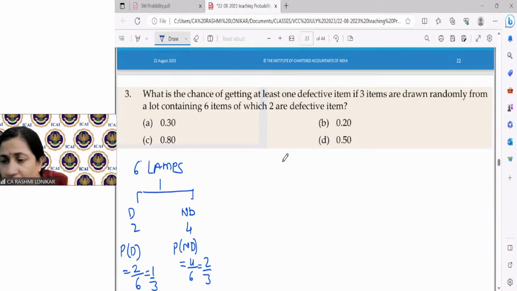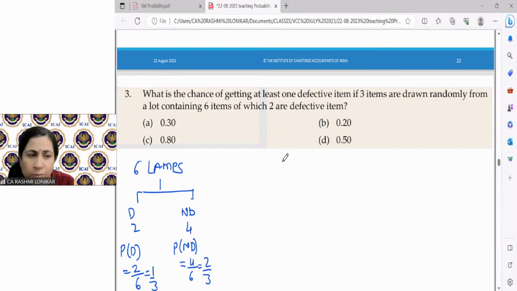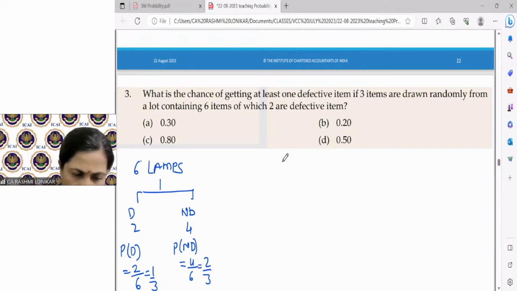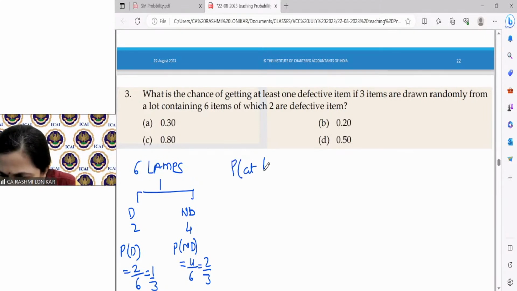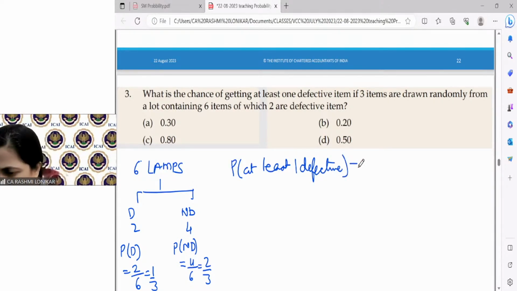Now I'm drawing three items. At least one defective, okay. So P of at least one defective is 1 minus P of no defect.